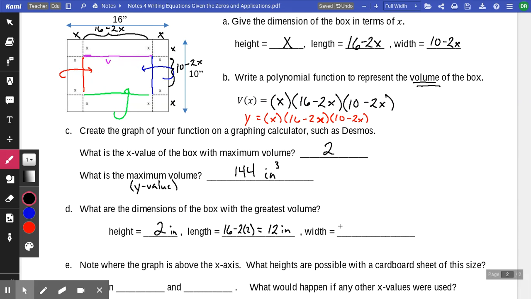So our width is going to be 10 minus 2 times 2, our x value, which is 10 minus 4, or 6 inches. And you can see there, we're saying that our box has dimensions of 2, 12, and 6. And if you just check your volume really quickly, our volume would be what you get when you multiply those together. And when you take 2 times 12 times 6, it just so happens that you end up getting 144, just like we said.